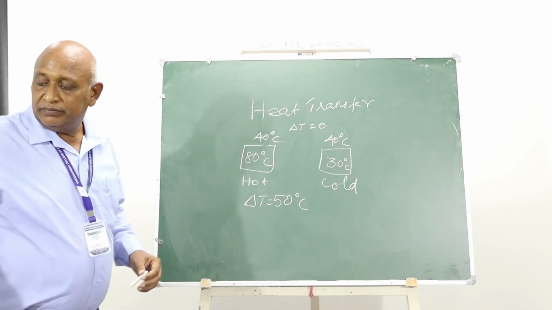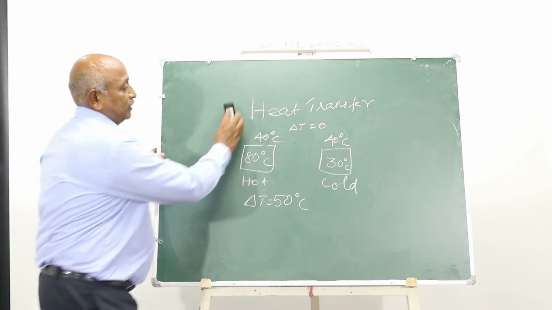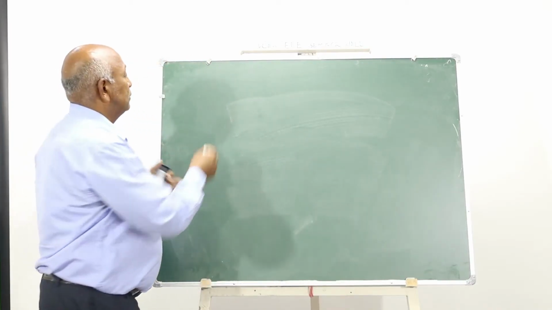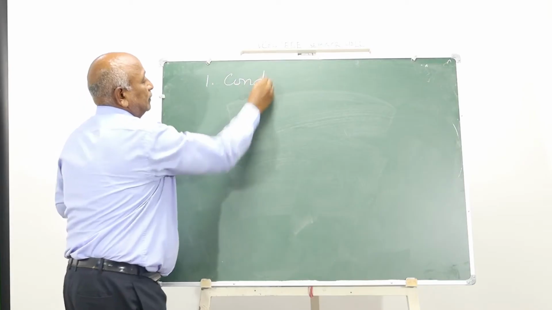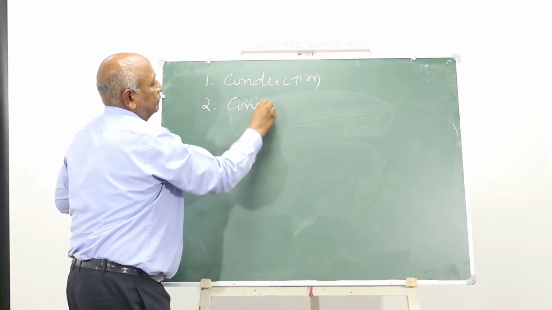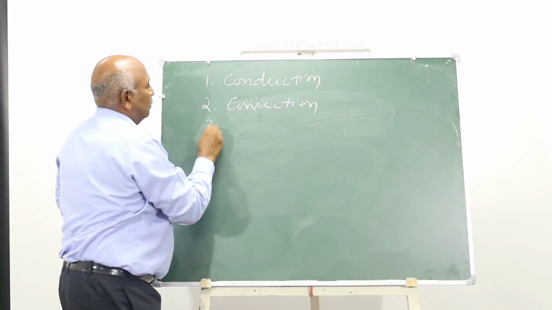Next I will tell you the modes of heat transfer. There are three modes of heat transfer. The first one is conduction. The second one is convection. The third one is radiation.